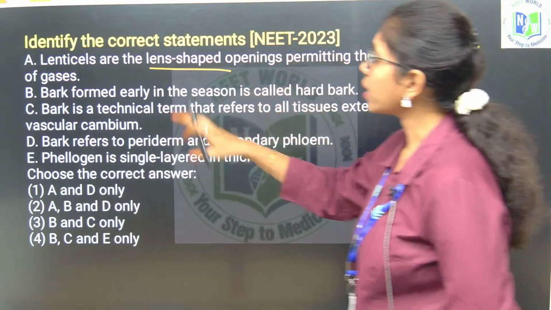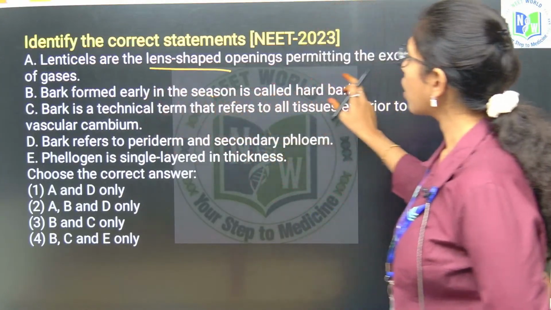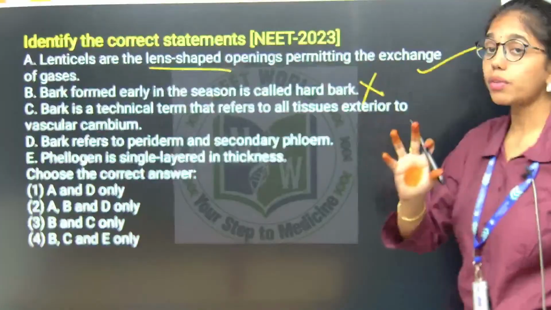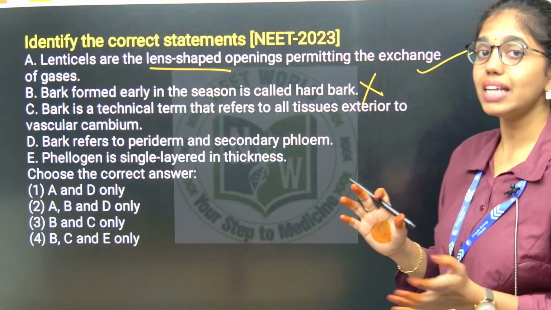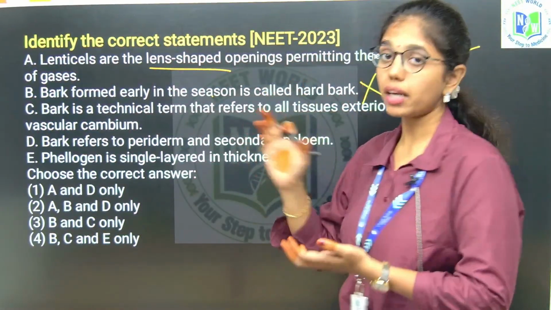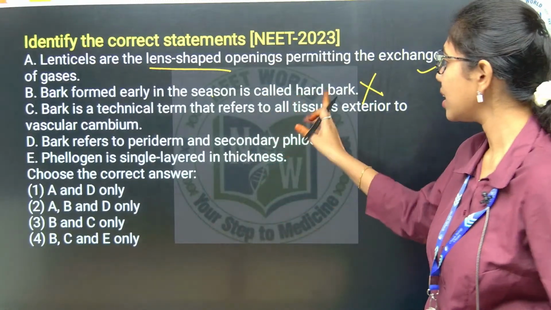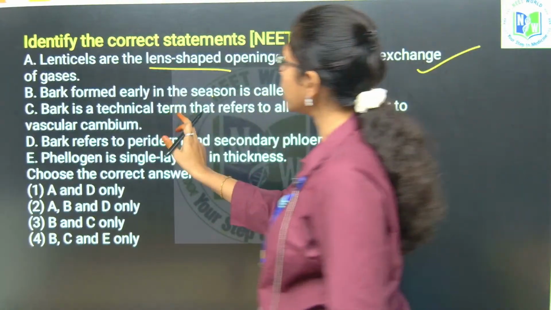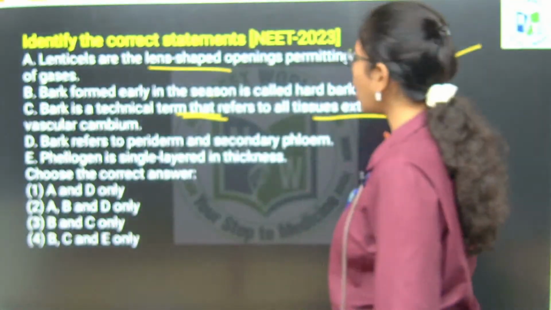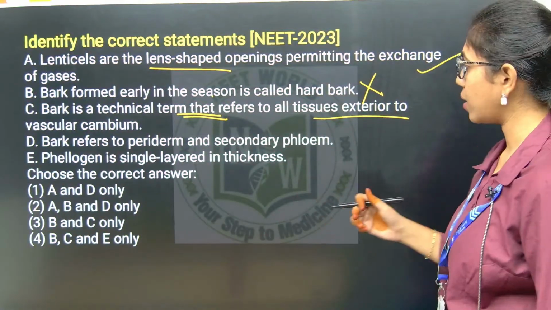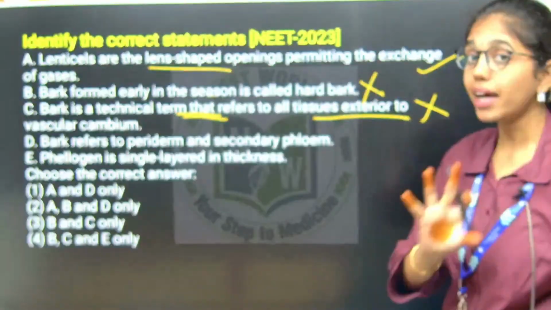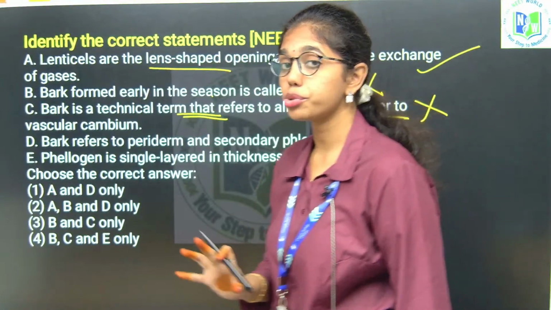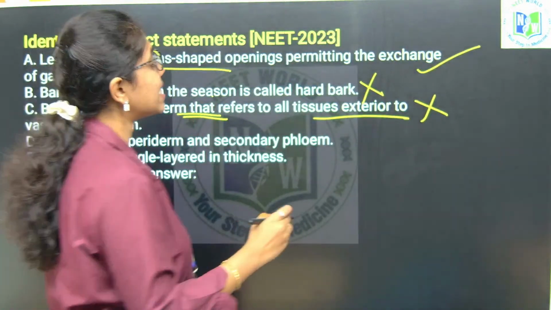Next, bark formed early in the season is called hard bark. No, the bark which is formed early in the season is soft bark, and that formed late in the season is hard bark. Next, bark is a technical term that refers to all tissues exterior to vascular cambium, wrong. Bark refers to all the tissues which are exterior to secondary xylem.